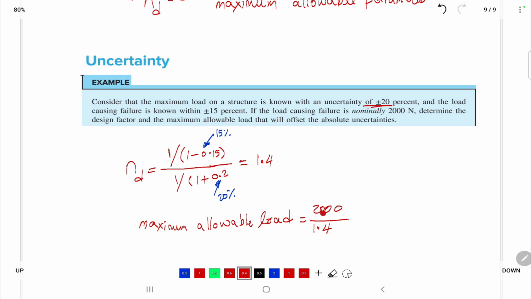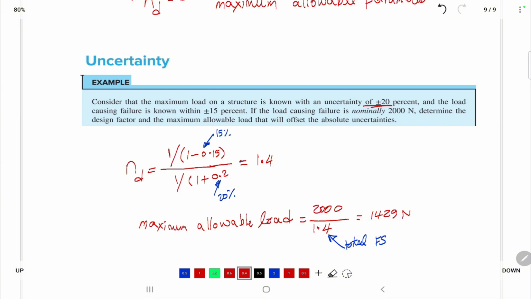This structure nominally can withstand 2000 Newton before failure. I will apply the factor of safety. This is the total factor of safety due to uncertainty. So I will design my structure to only 1429.